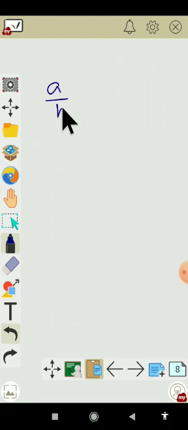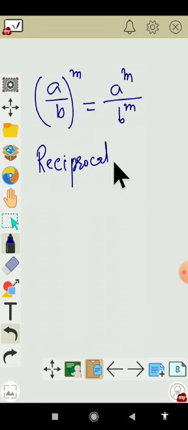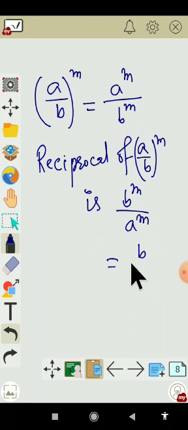If it is a by b to the power m, we know this can be written as a to the power m by b to the power m. Now the reciprocal of a by b to the power m is b to the power m by a to the power m. We can write this as b by a to the power m.